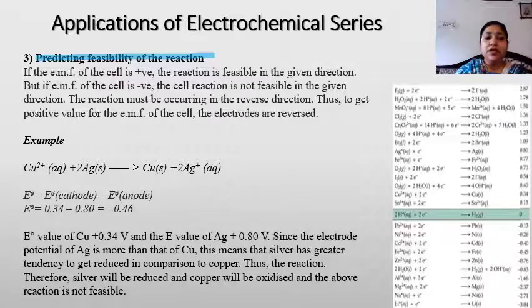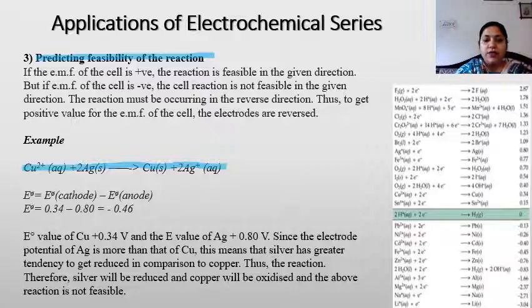Here the example of copper and silver is given. In this reaction, copper is converted from Cu2 plus to Cu, that means copper is getting reduced, and silver is converted from Ag to Ag plus, that is, silver is getting oxidized.